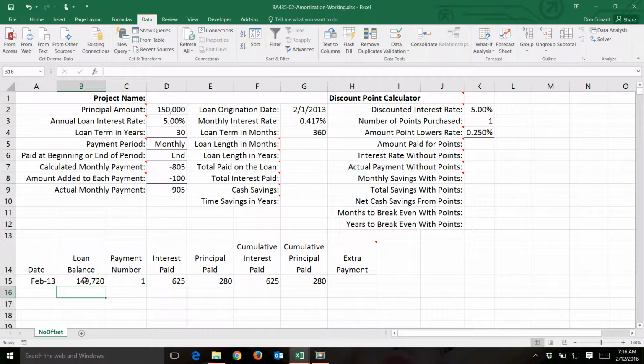Now, if it's not blank, if it's still in service, then we need to look up here to see if we just made the last payment. In other words, is this 0? If it's 0, then we need to put our first blank in here because we're done. If that's not the case, we need to look up here and see if the amount that we owe is more than our monthly payment amount plus any extra payment, or less than or equal to our monthly payment amount and any extra payment.